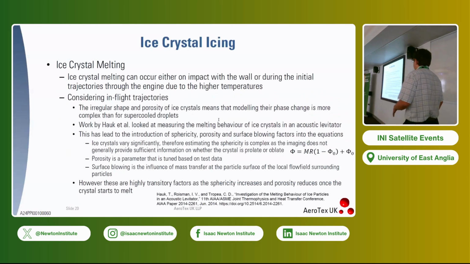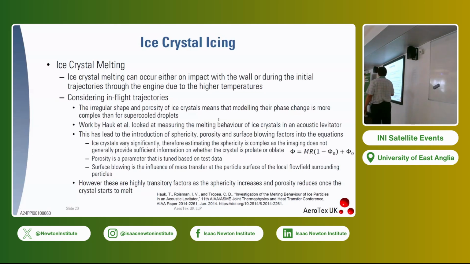In these conditions the ice crystals are melting, so they're getting a water layer forming on the outside of them. As it says here, it can either be melting on impact with a warm wall or during its transition into that part of the aircraft.